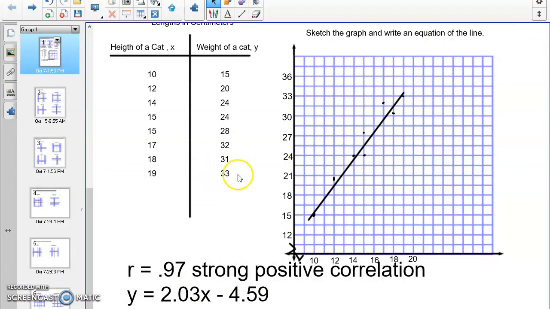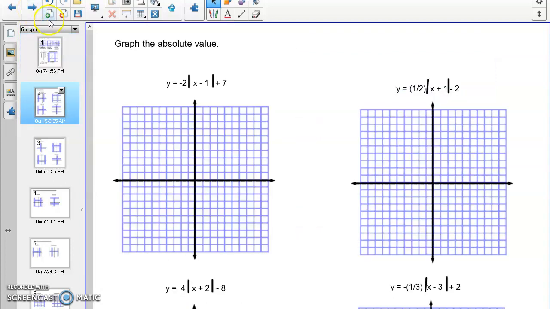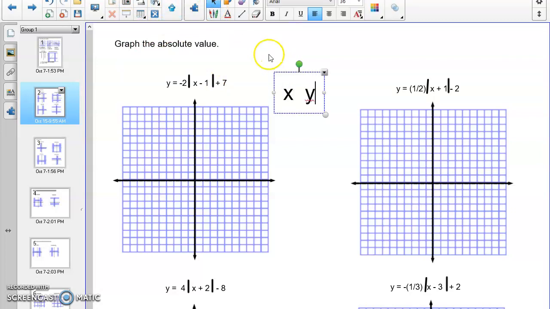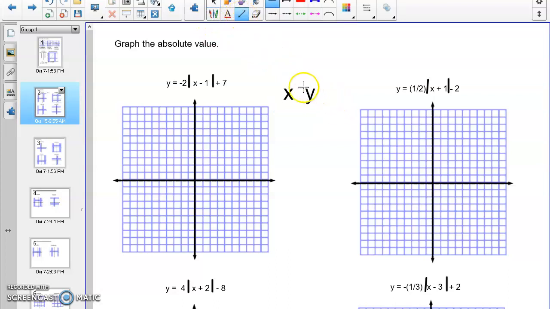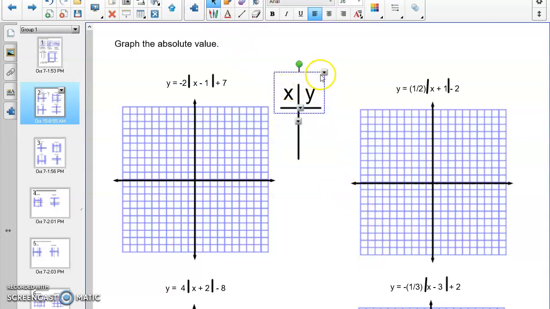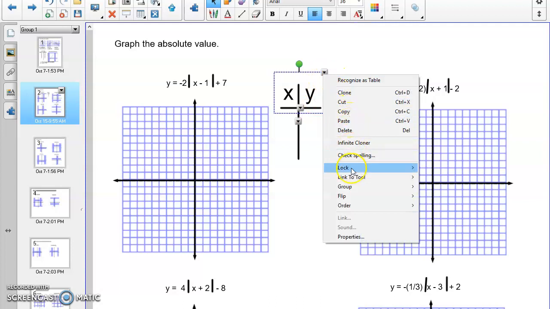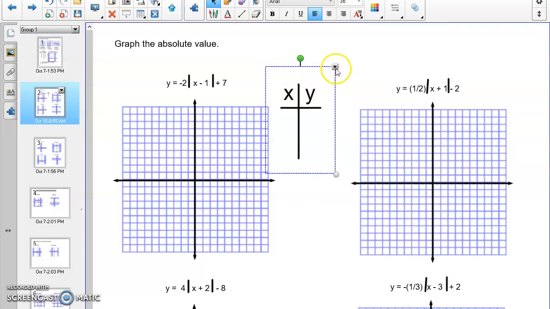Okay, and that's what I'll ask for on the test. All right, now we're going to go to graphing an absolute value. And really, we're just going to work off of the XY chart. We're going to group it, and we're going to copy it.